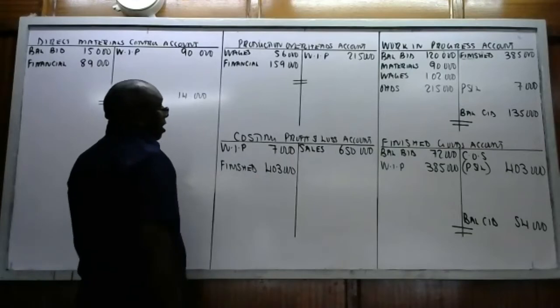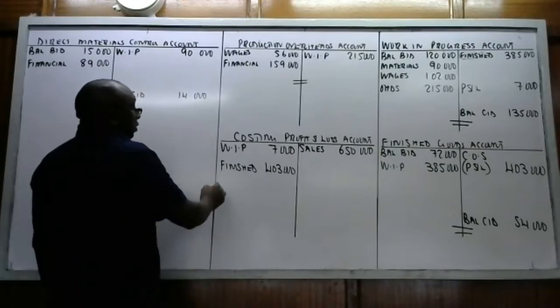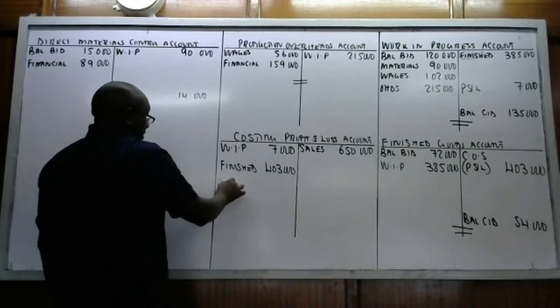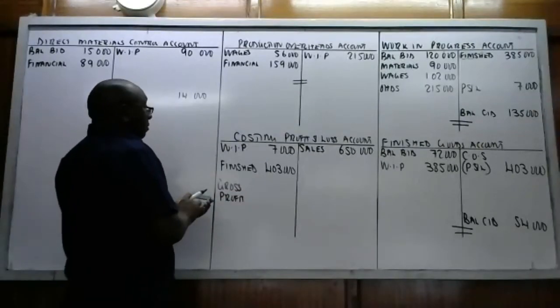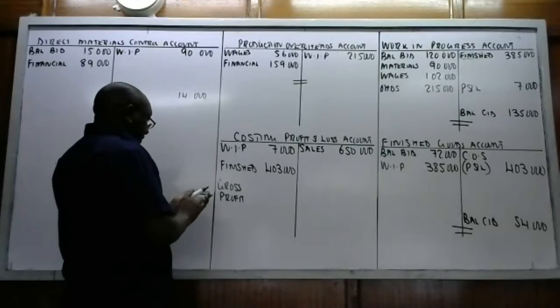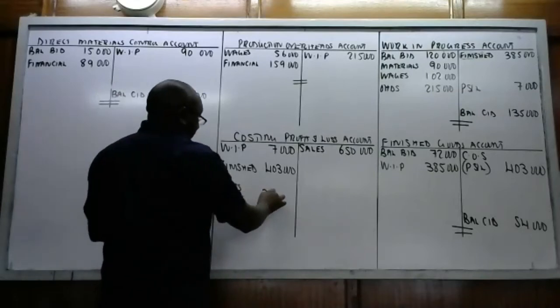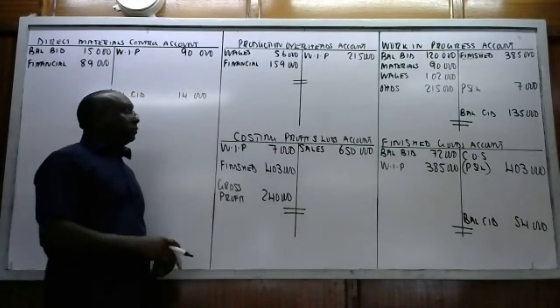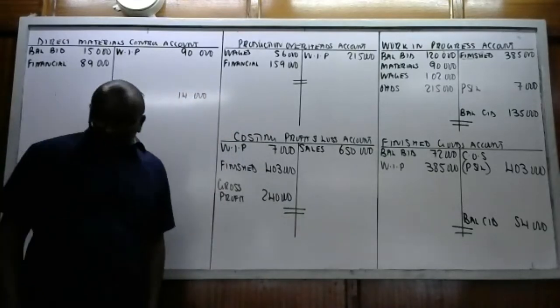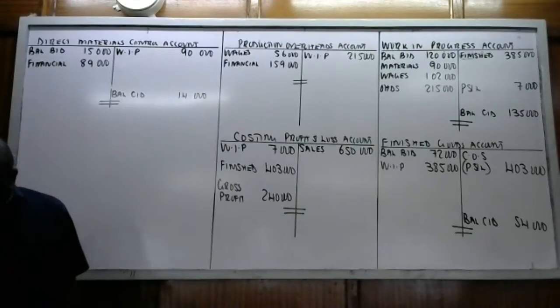And with that now, we are able to report that there was a gross profit. So plus 7 minus 650, a gross profit of 240,000. So that is the way it should be happening.